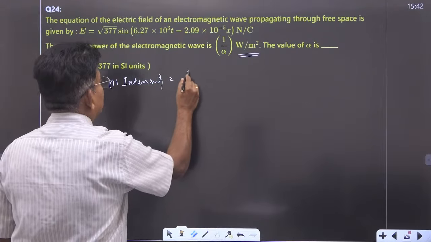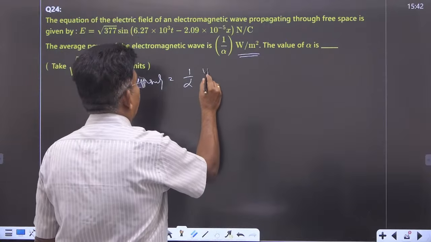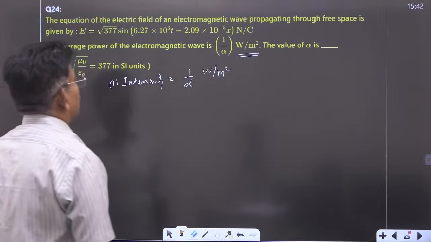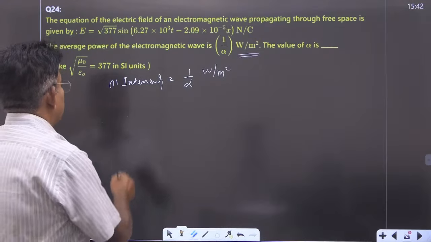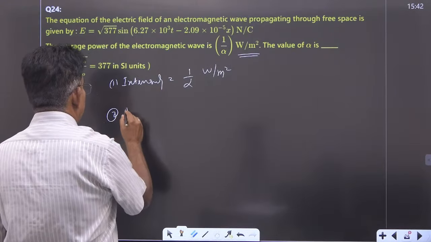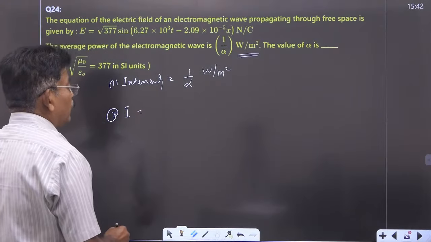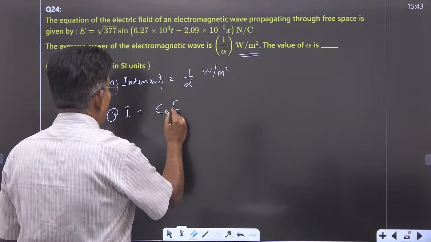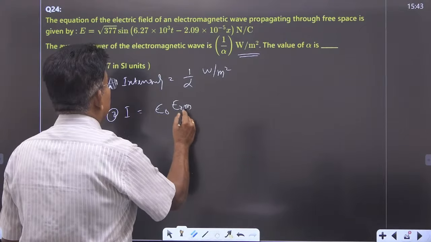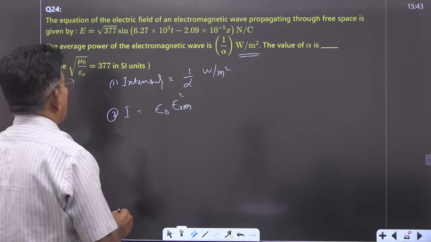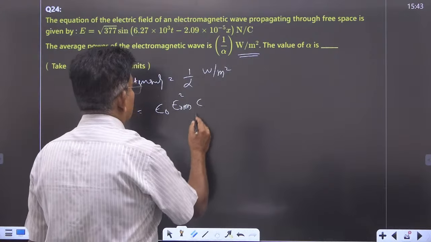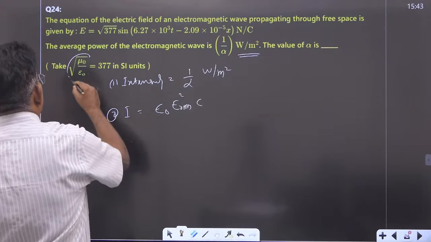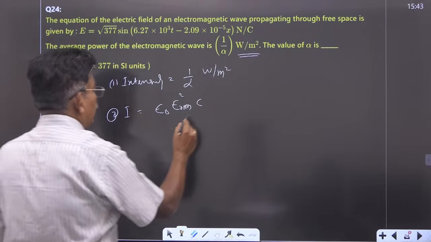And intensity is given to be 1 by alpha watts per meter squared, that means in SI unit. Then, second point, intensity of an electromagnetic wave propagation is given by epsilon 0 E RMS squared into C. Here some tips are given to you, so we have to make use of that.